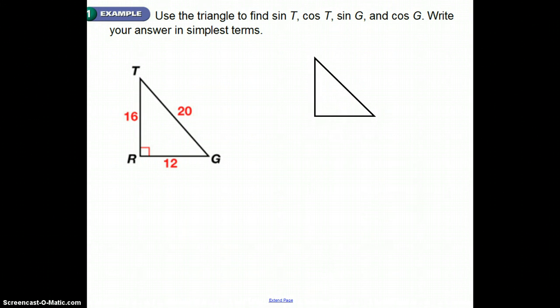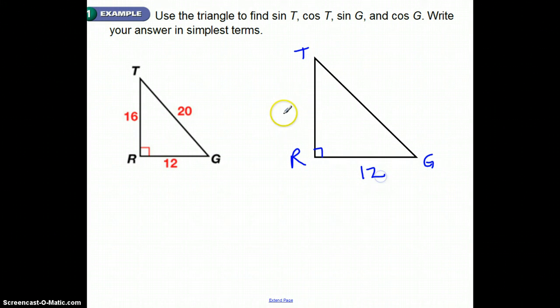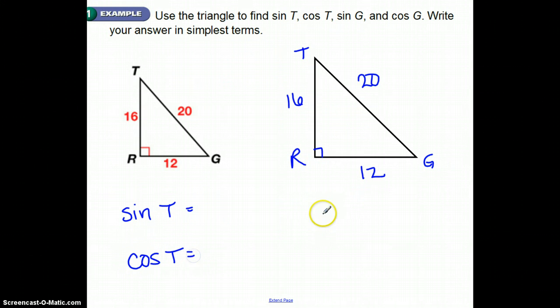So that means, oops, I'm going to actually draw another triangle next to this and label it everything exactly the same. And I'm going to use one of these to be my focus angle when I'm looking at t. So sine of t and cosine of t. And sine of g and cosine of g.